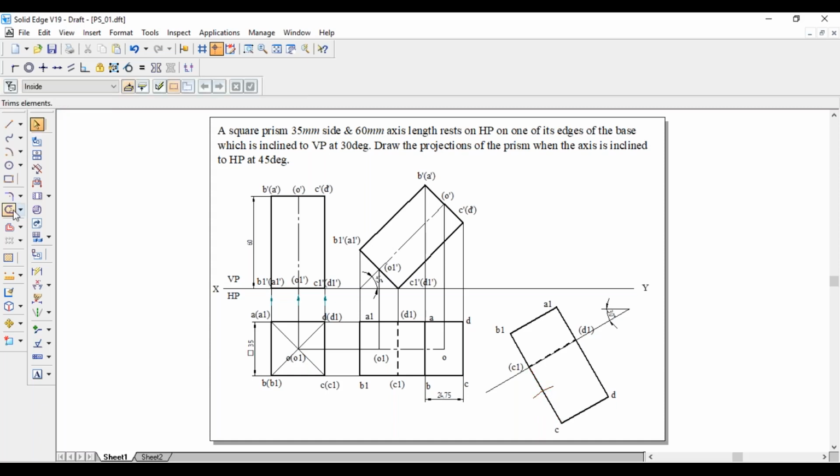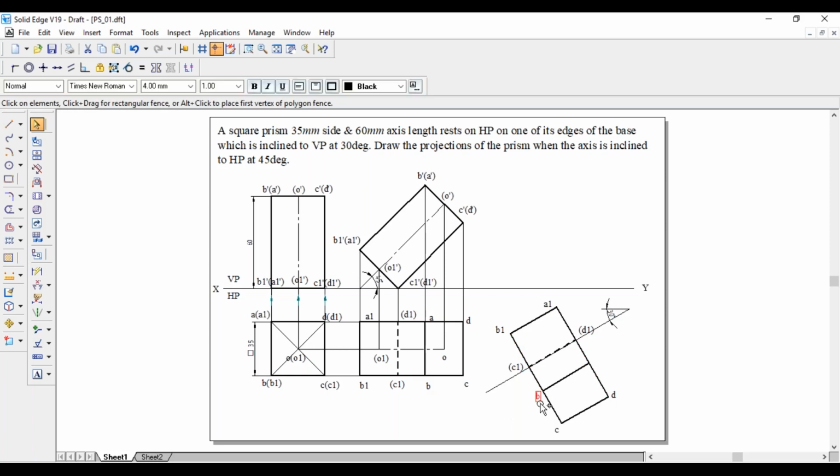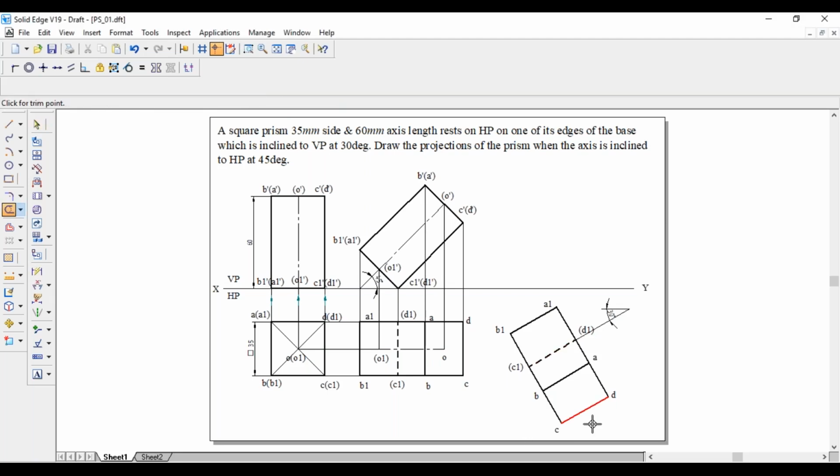From this point, draw a line perpendicular to this line, or 35 mm directly to this point. So this is B, whereas this one is A. So how we have drawn the lines here, the same way we have to draw here also.